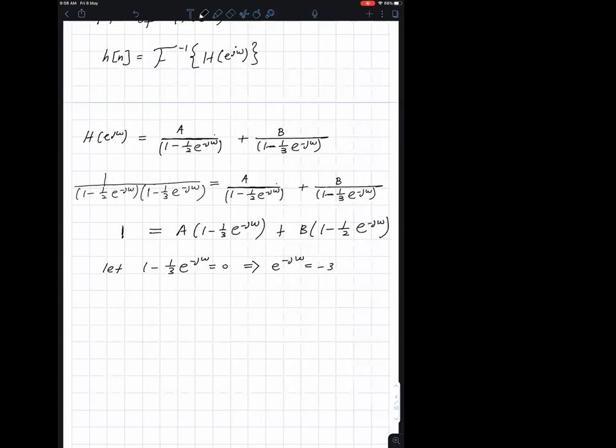Okay, now by solving for e to the minus j omega, you get minus 3. You just replace wherever you see e to the minus j omega with minus 3. So therefore, this is going to give you 1 equals, we already said this equals 0, isn't it?